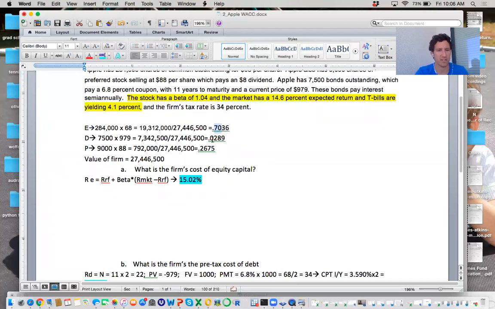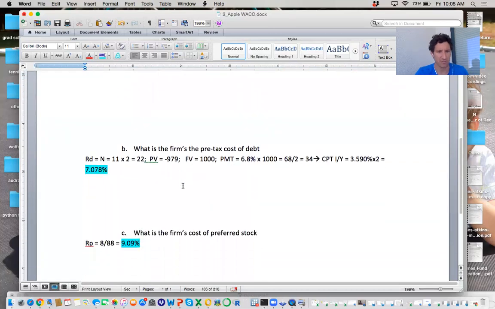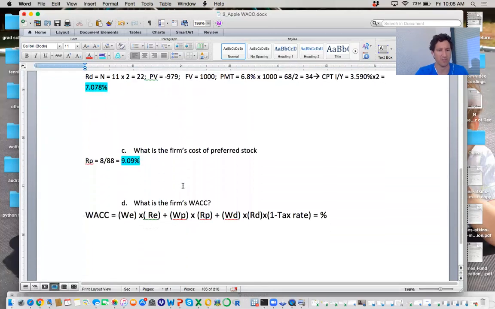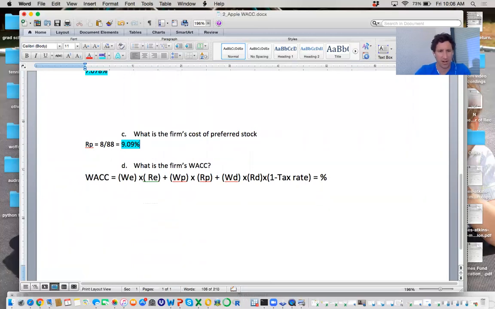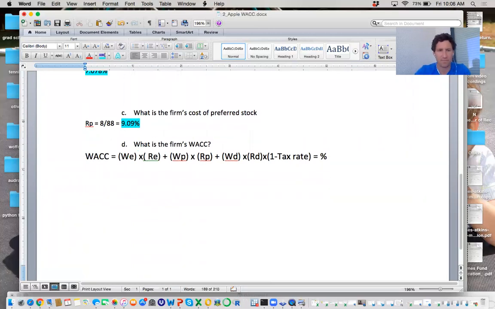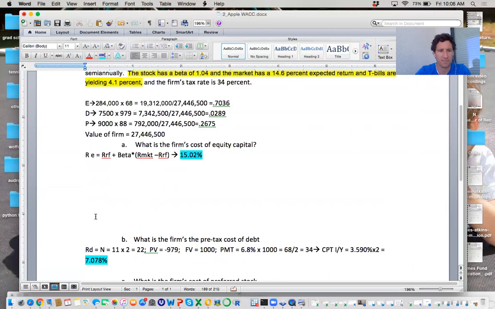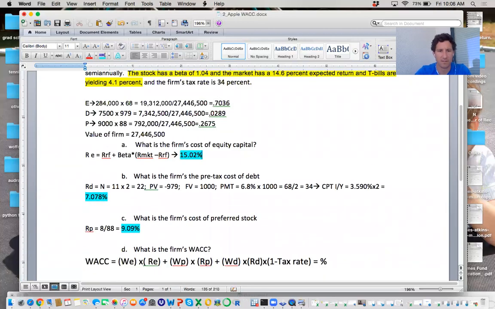Each of these percentages, our weight of each one, weight of equity, weight of debt, weight of preferred, cost of equity, cost of debt, cost of preferred. So we should be able to plug it into the formula. So let's try it. All right.